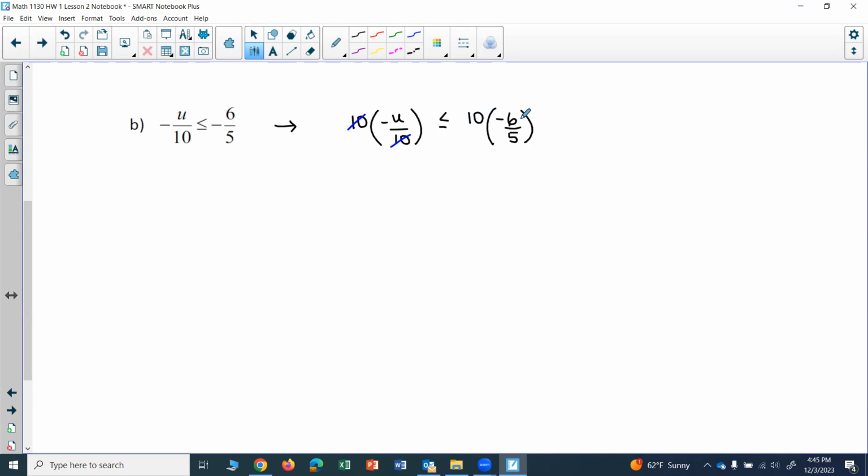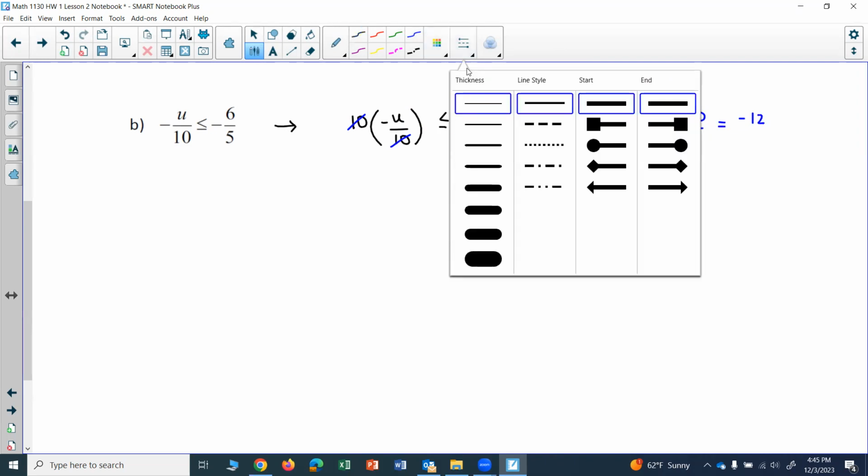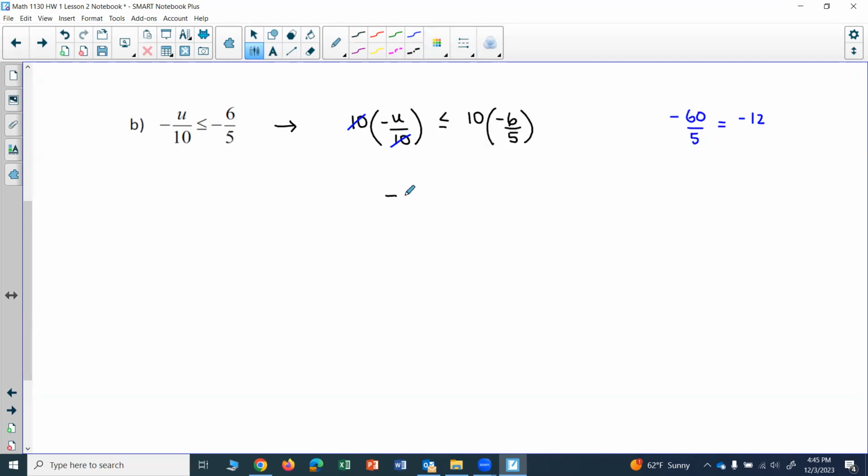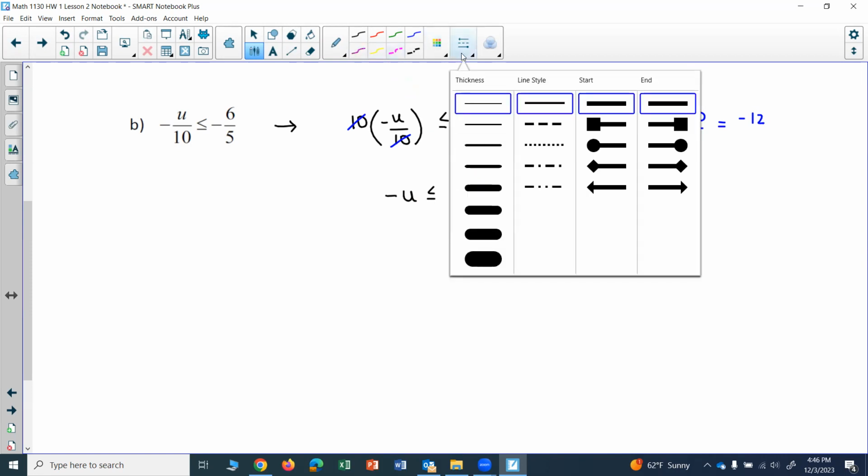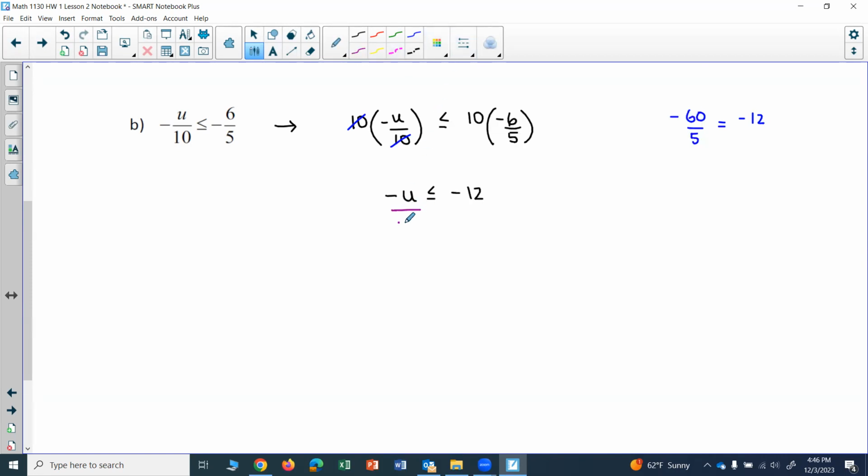Here I have negative 60 over 5. You can think of that 10 times negative 6 is negative 60 over 5, which would give us negative 12. So this now becomes negative u is less than or equal to negative 12. And here I divide by negative 1 to get rid of that negative.